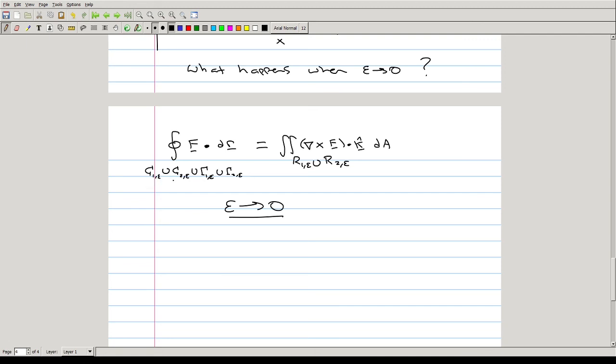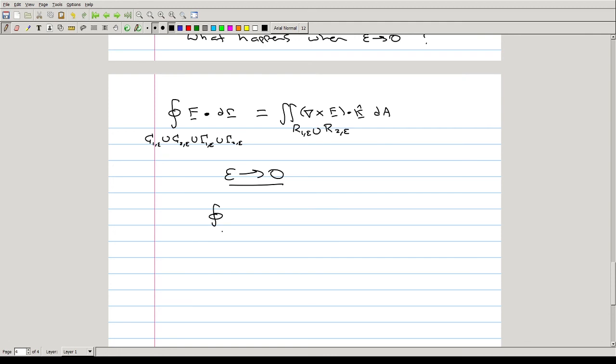And the curve C1 epsilon union C2 epsilon is just the curve C. So as epsilon goes to 0, this integral becomes the closed contour integral over the curve C union gamma, where gamma is the split, union the curve negative gamma, or gamma traversed in the opposite direction. And R1 epsilon union R2 epsilon becomes just the set R.